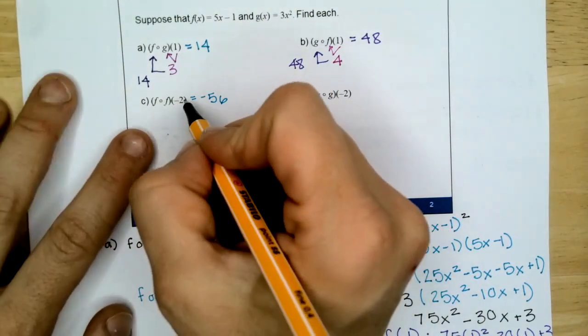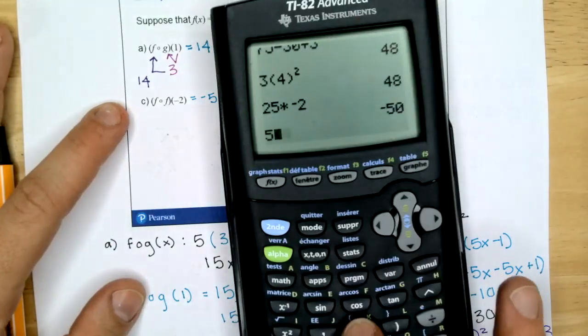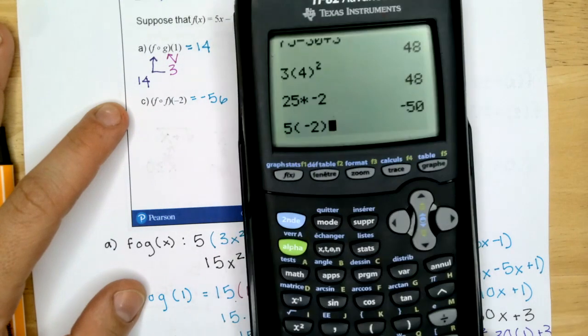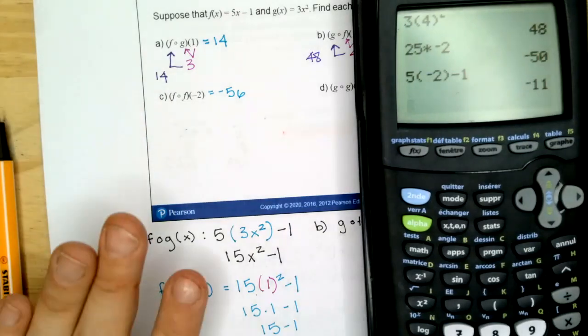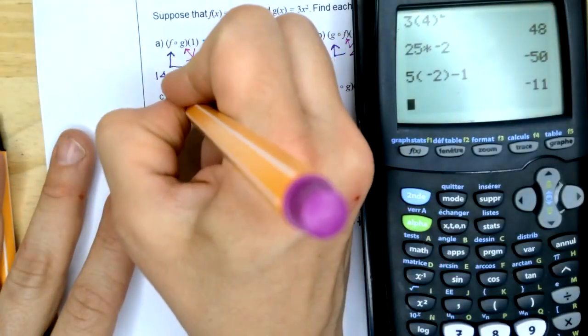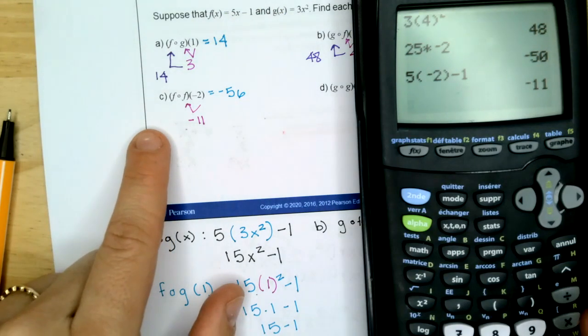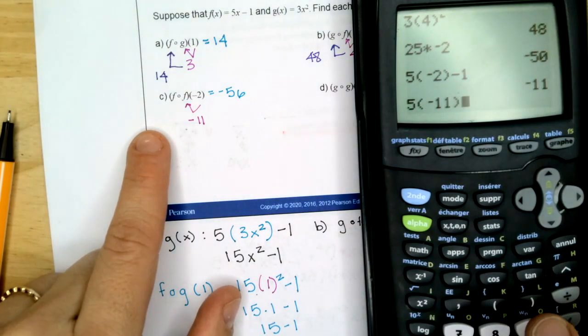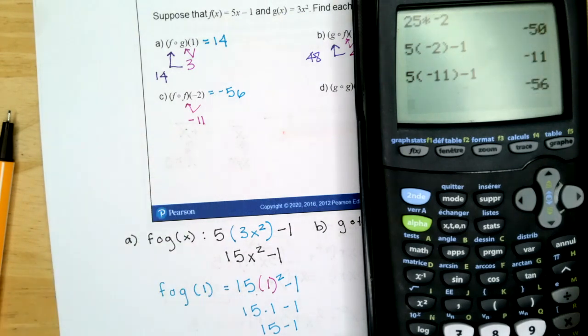Good? All right, take negative 2 and put it in for f of x. 5 times negative 2 minus 1 is negative 11. Take that negative 11, put it into f. So now it's 5 times negative 11 minus 1, negative 56.